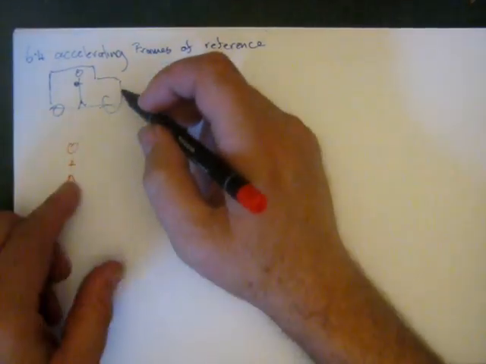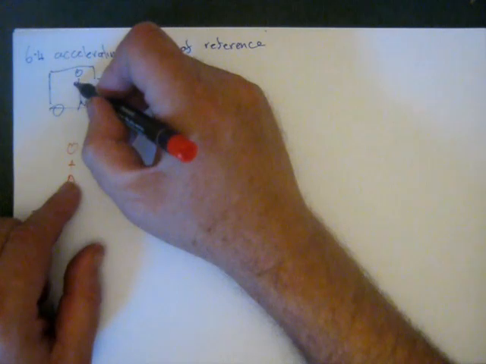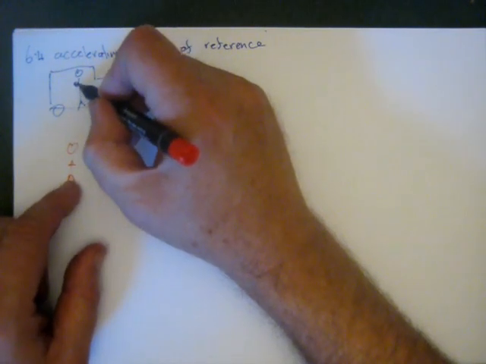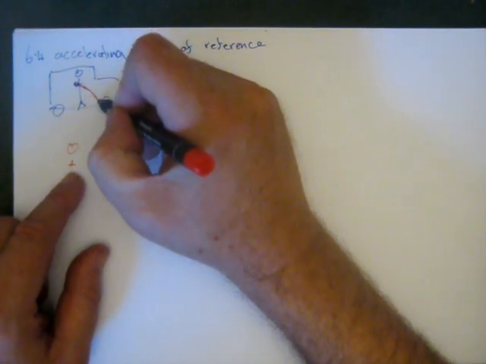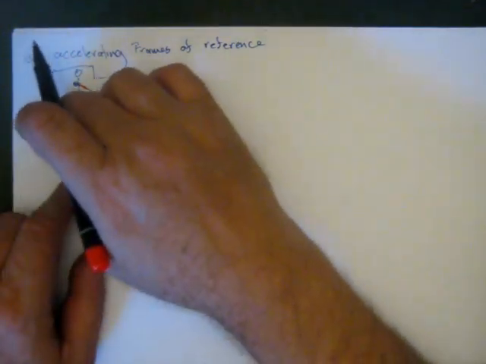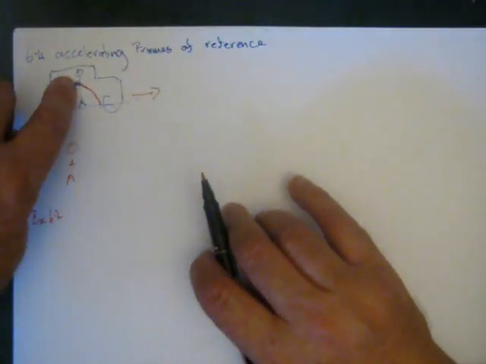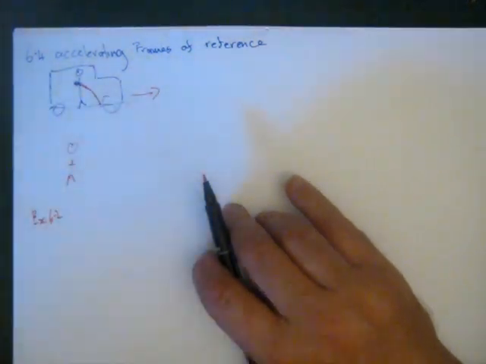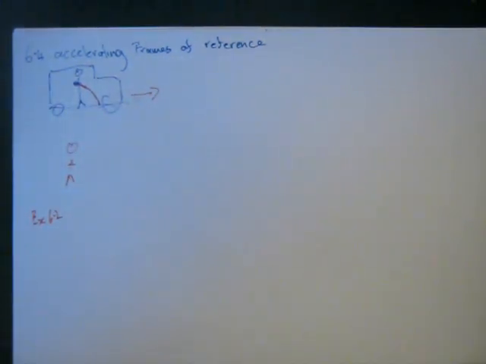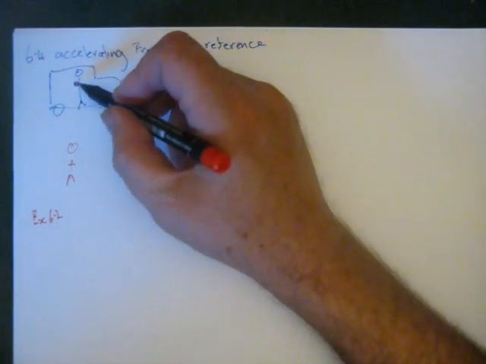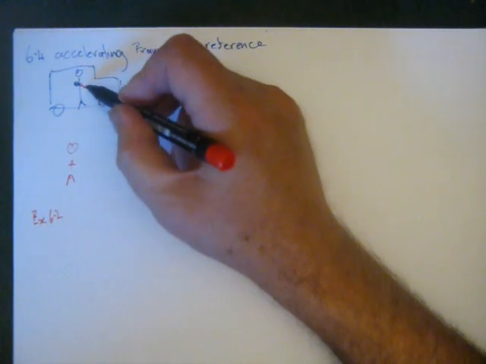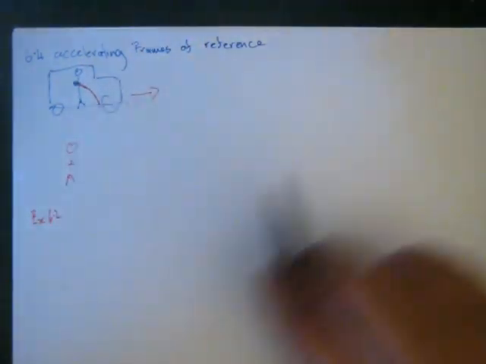What does this observer see? Well, the observer sees the ball carry on at its initial velocity and drop down. If the van was moving along and is accelerating, that ball will retain the velocity of the van at the instant it was dropped, but it won't retain it after it's dropped. So this ball will continue along at the same velocity that it had when the person dropped the ball.